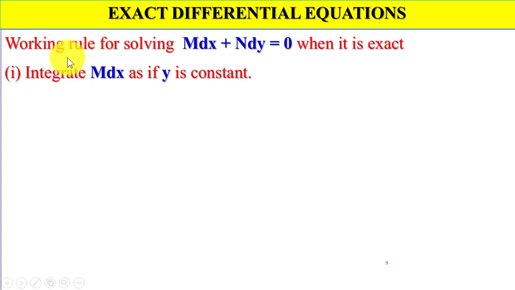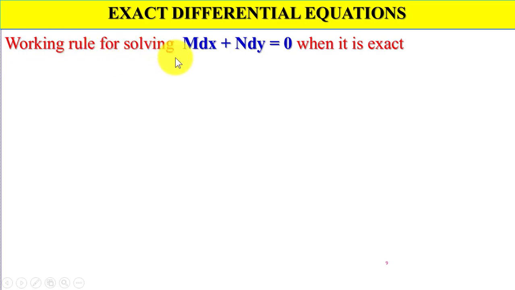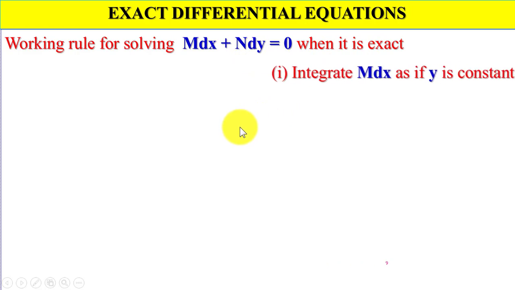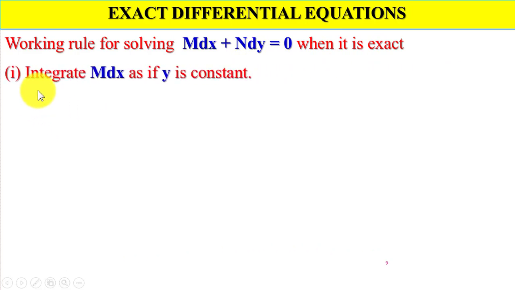Working rule for solving the equation M dx plus N dy is equal to 0 when it is exact. Number 1, integrate M dx as if y is a constant.